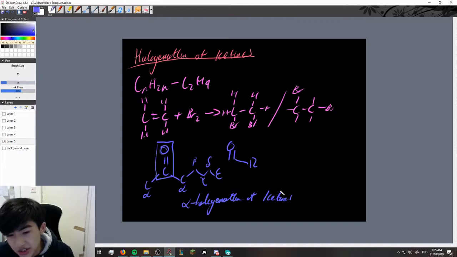What this just means is that more than one hydrogen atom on our ketone can be replaced with a halogen atom. So say after our alpha halogenation occurred, another halogenation on the same alpha carbon could occur, or it could occur on a beta carbon, gamma carbon, etc. But this is less and less likely as the reactivity of ketones does decrease with each successive halogenation. So polyhalogenation isn't that frequent, and our primary product, the product with the largest yield, is likely to be our alpha haloketone.